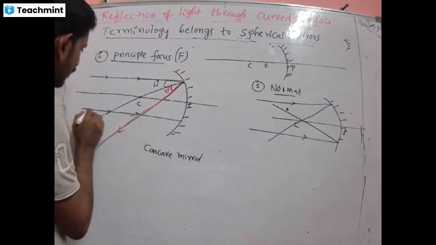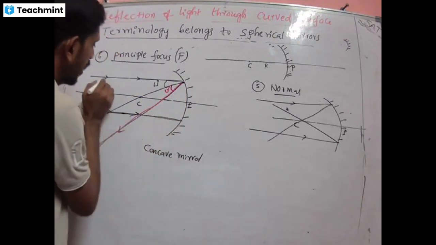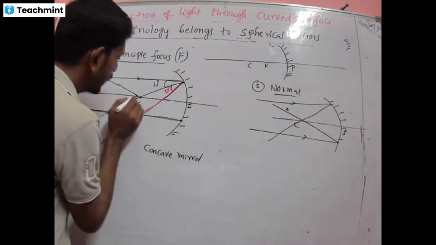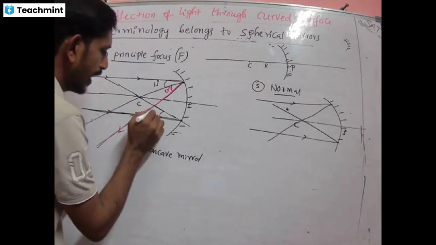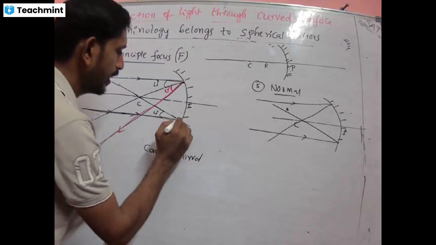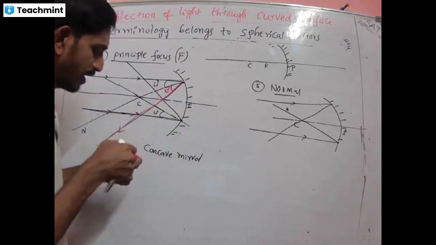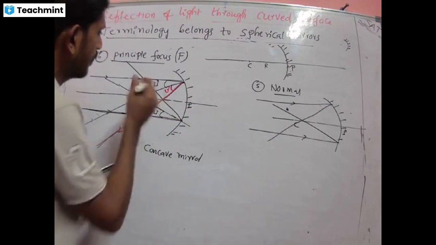This is my second incident ray which falls at this point. Draw the normal, joining the point of incidence and the center of curvature. This is my normal and this is the angle of incidence. The reflected ray is above the normal. Exactly, this is my reflected ray. I indicate it with a different color so that we can understand.